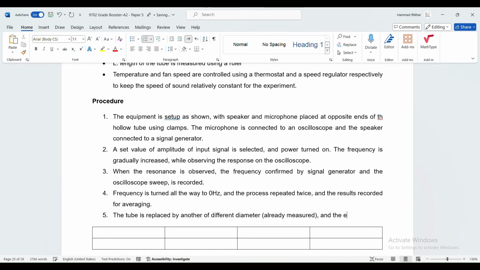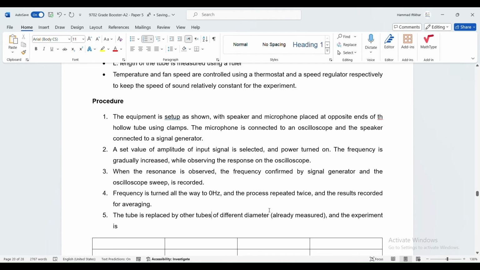The experiment is repeated for other tubes of different diameters, and the results calculated.